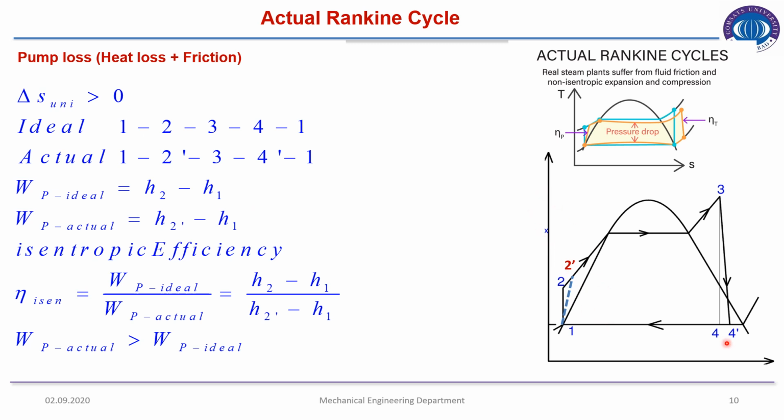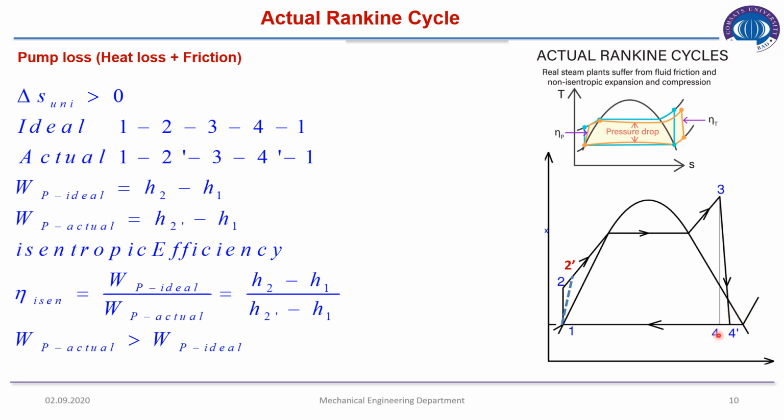So if we look at the TS diagram, process 1 to 2 represents the pump process in the ideal case, and process 1 to 2 dash represents the pump process in the actual Rankine cycle. So ideal 1 2 3 4 1 and actual 1 2 dash 3 4 dash 1.